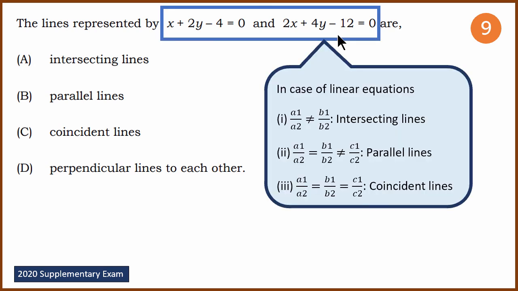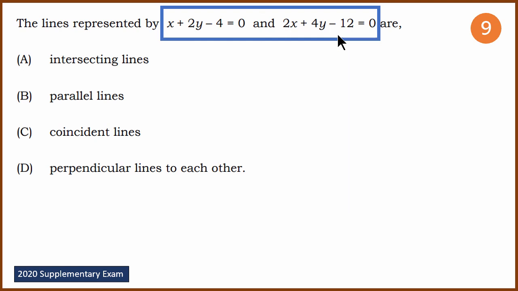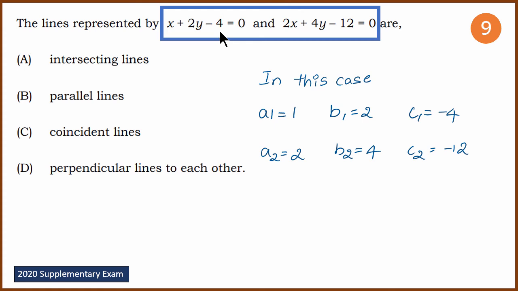So let's find the ratio. We need to find A1, A2, B1, B2, and so on. Let's start. What is A1 in this case? A1 is 1, B1 is 2, C1 is minus 4. What's A2? A2 is 2, B2 is 4, C2 is minus 12.